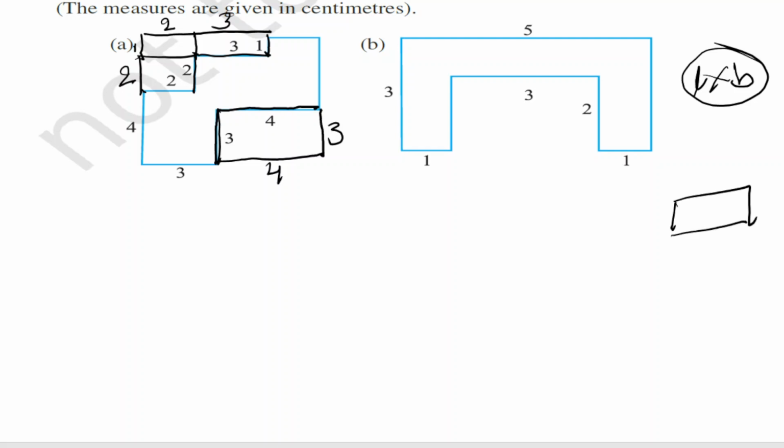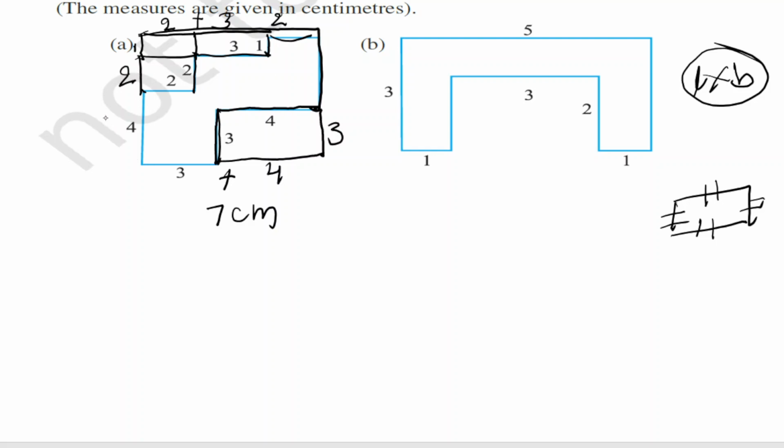equal. And here this is 3 plus 4, that is equal to 7 centimeters, so this length can also be 7 centimeters. But here 2 plus 3 is 5, the remaining length is 2 centimeters.